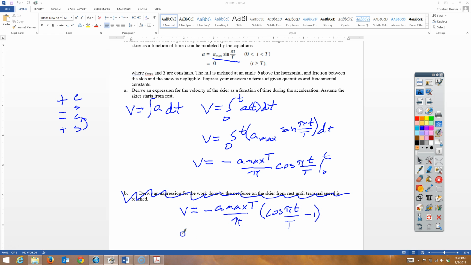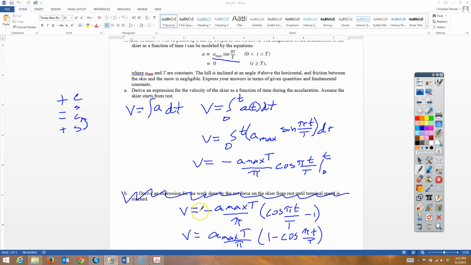Now we can make it a little bit cleaner by getting rid of the negative. So here we've got a max times T all over pi, times 1 minus the cosine of pi times little t over big T.